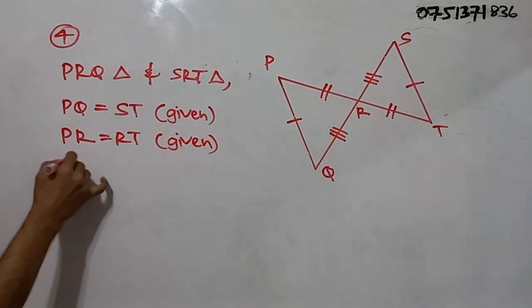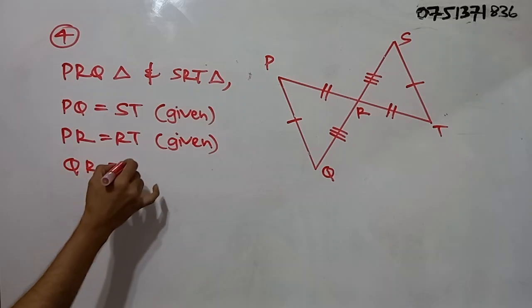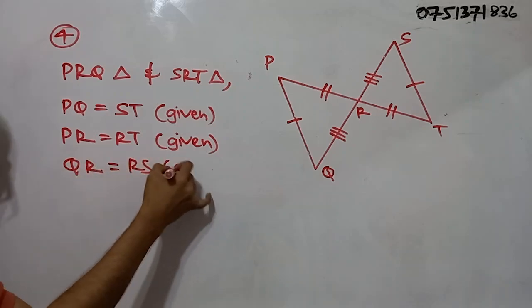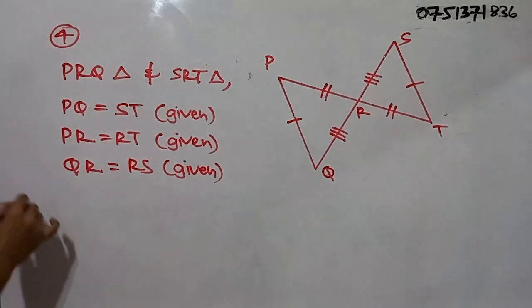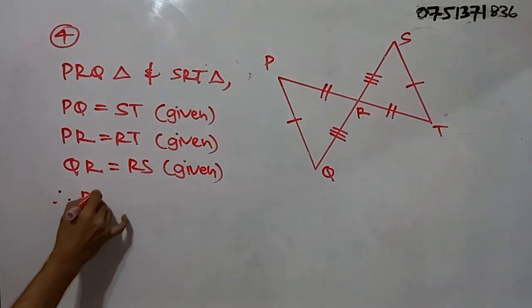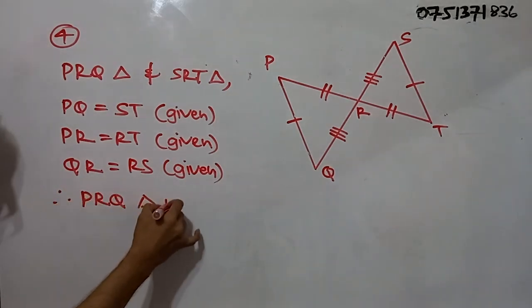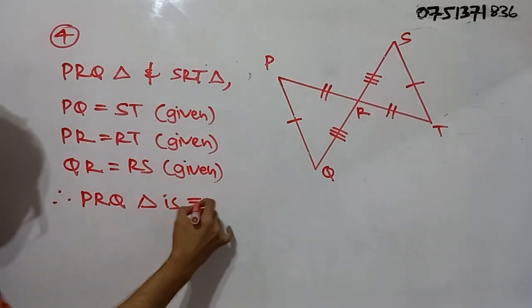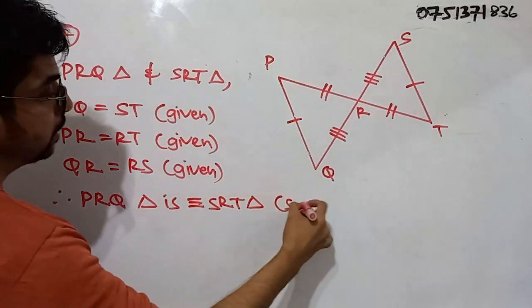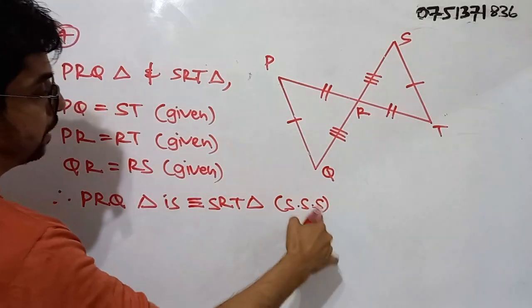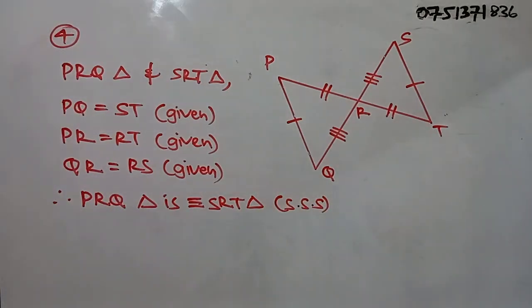Then QR is equal to RS, and that is also given. So we have three reasons. So we can say PRQ triangle is congruent to SRT triangle. S, side, side, side. So it will be the reason.